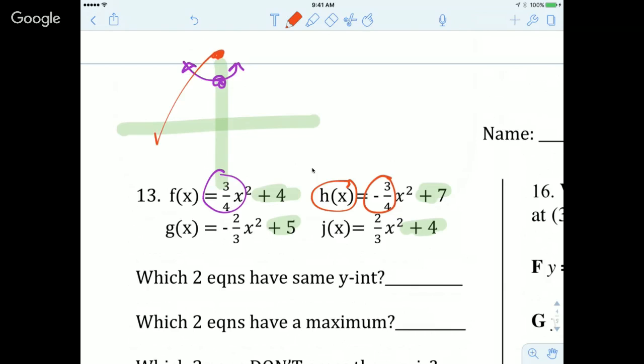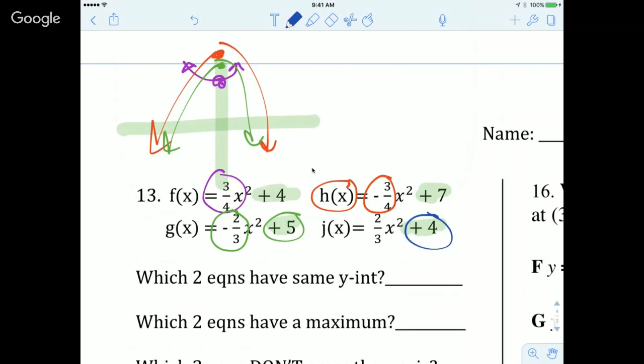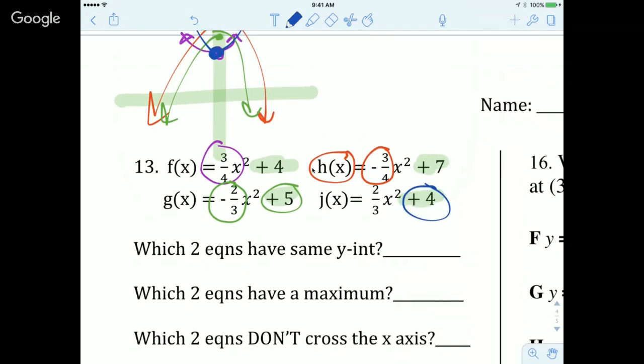Sad parabola. And then with another color, I'm going to do green. It's going to start at plus 5, and then it's a sad parabola. And last but not least, let's do it with blue. It starts at plus 4, and then it's a happy parabola. With that being said, which 2 equations have the same y-intercept?